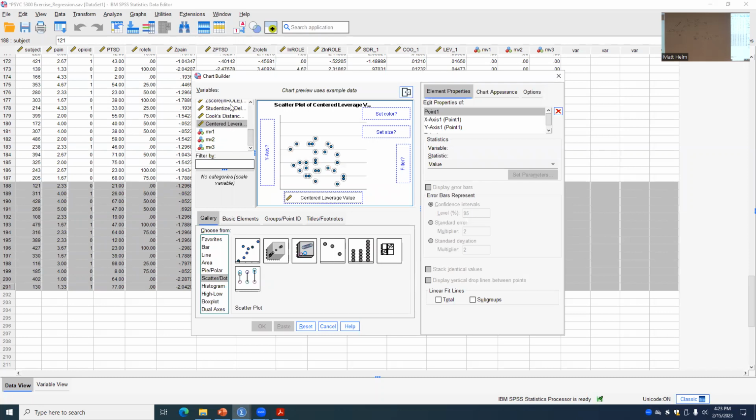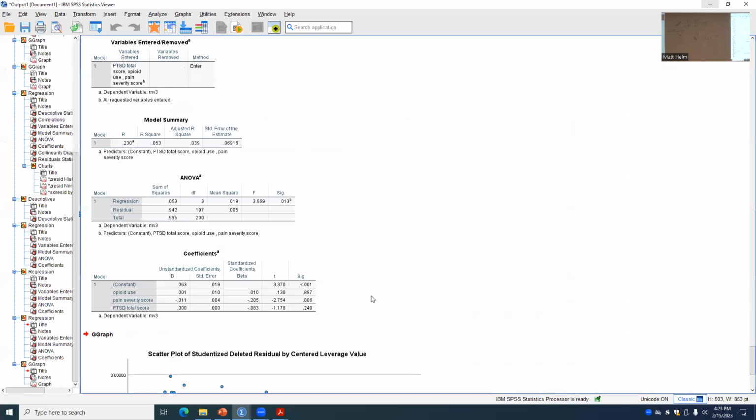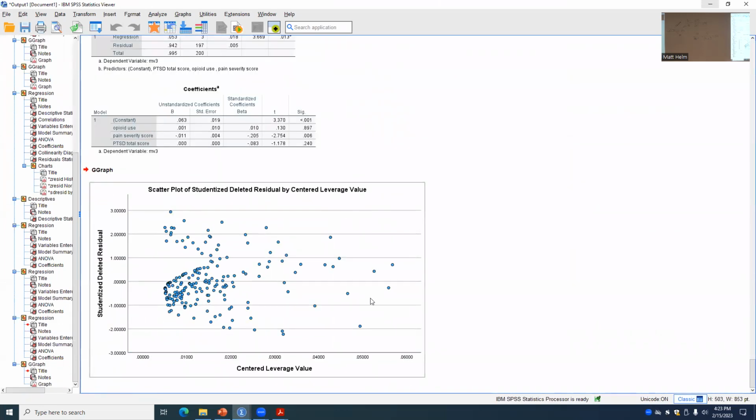And then I'm going to ask for my studentized residuals on my y. Okay, so what I'm looking for are cases that are going to be way up here and way down here. Is there anything that's looking too terribly bad with this?